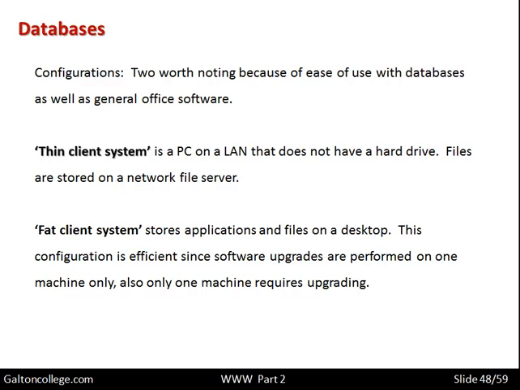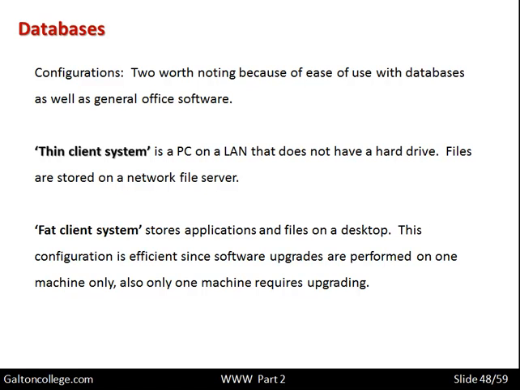There's also the fat client system, which stores applications and files on a desktop. So this would be a desktop computer or a laptop which has applications. It could have Microsoft Office, it could have different operating systems, could have Linux or whatever. This configuration is efficient since software upgrades are performed on one machine only.